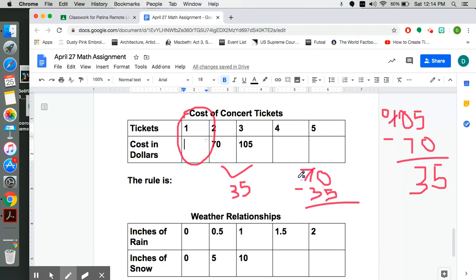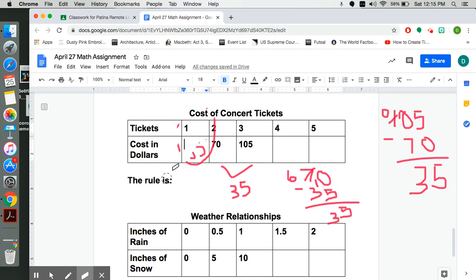If I regroup and take away 1 from the 7 and put it over here, 10 minus 5 is 5. So I would start with 35 in this first box. And then going forward, I would just add 35 to the previous numbers until I filled in the boxes. So my rule would be 35.